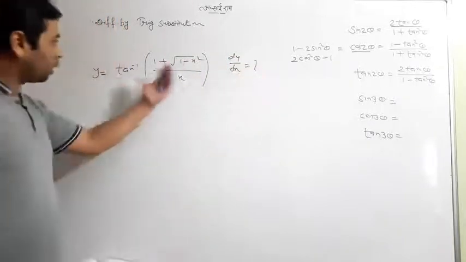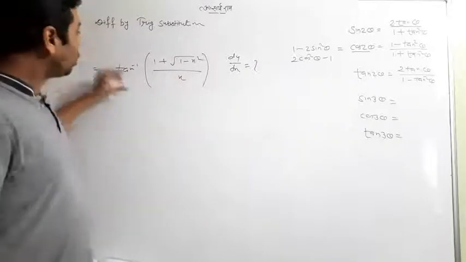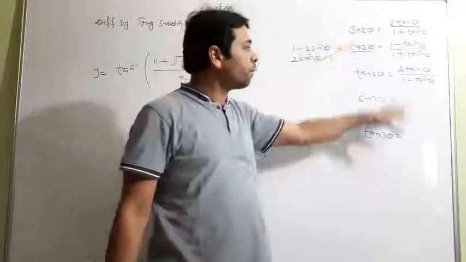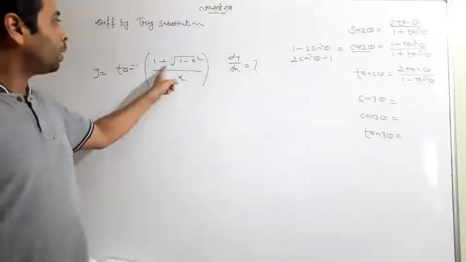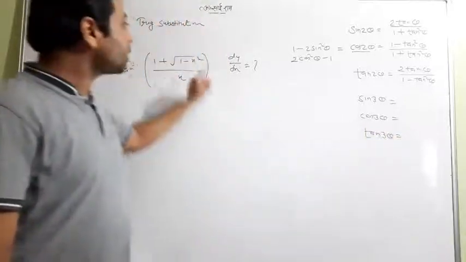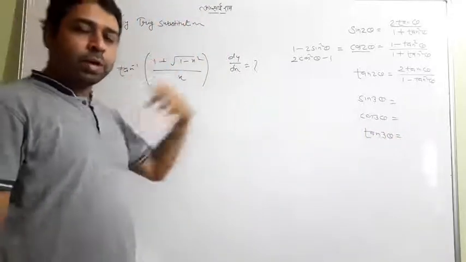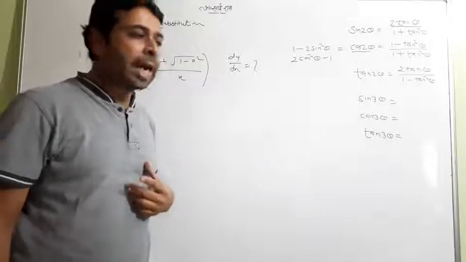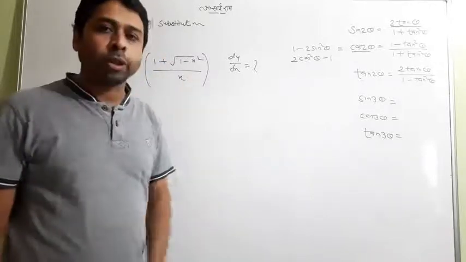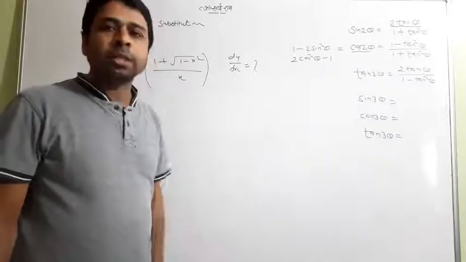In this question, you do not have a term looking like any of the earlier ones. Here 1 plus root of 1 minus x square upon x is not the same as any of them, because it contains the square root sign. So this is a further concept which is actually not in the book, but the pattern is very important as far as the exam is concerned.